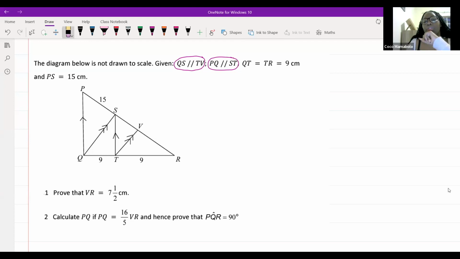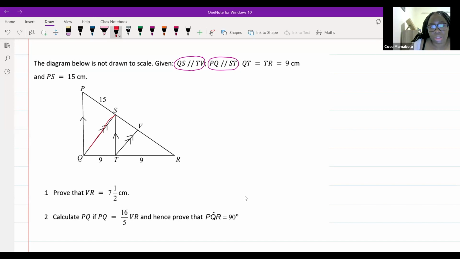Now, I want us to be very careful. Over here, they're telling us that QS is parallel to TV. They're saying that QS is parallel to TV. So I need us to be very careful in that we can tell from looking at this that we're working in two different triangles. Can we see it?